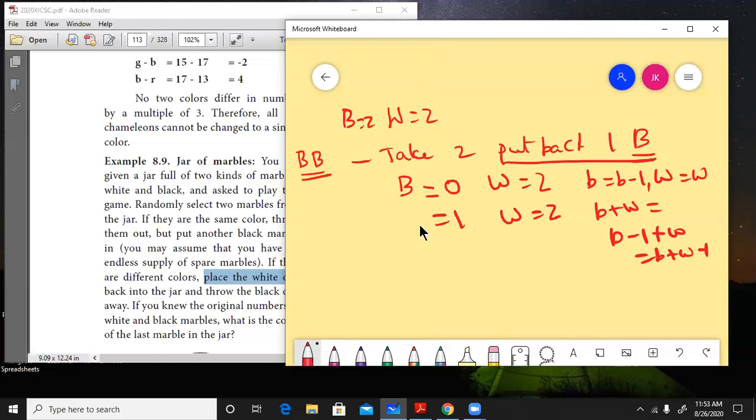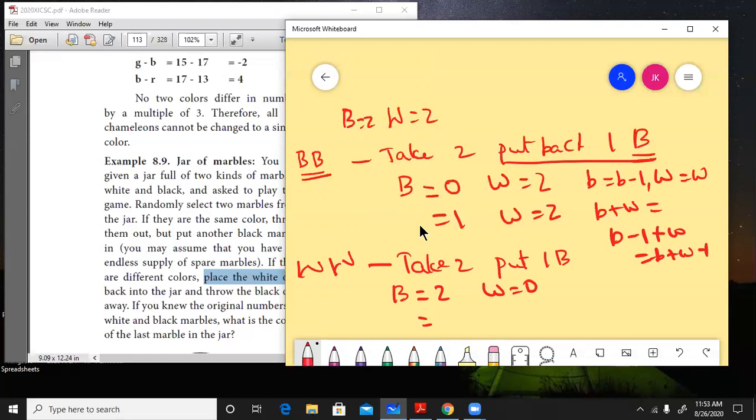Now for my second case, two whites. As usual, you take off the two marbles and put back one black. B remains 2 and W becomes 0, and then you put back one black.